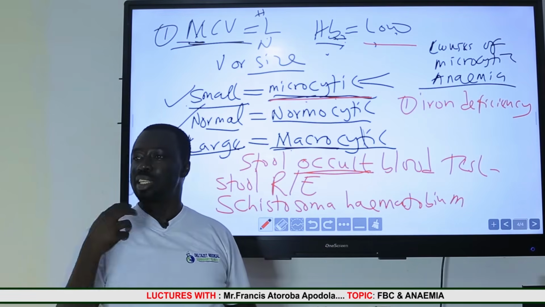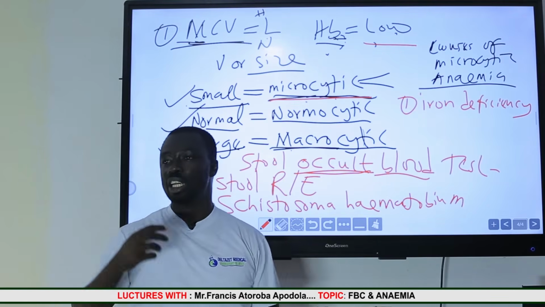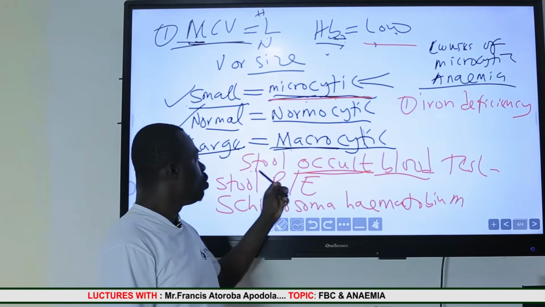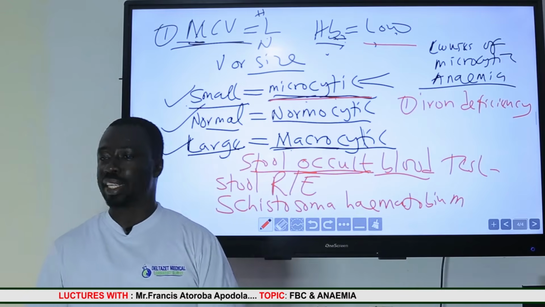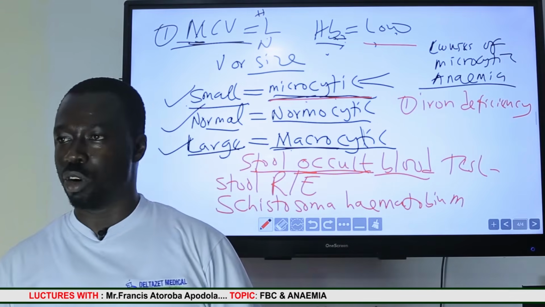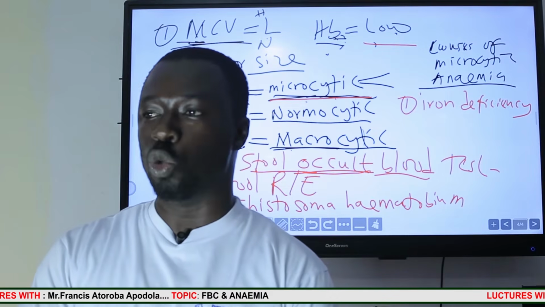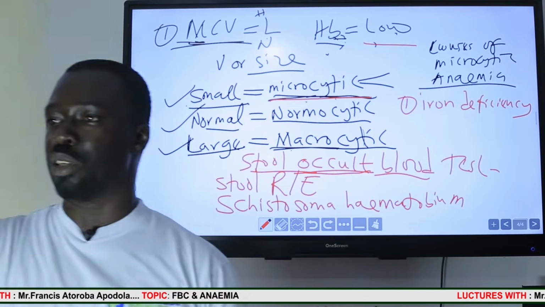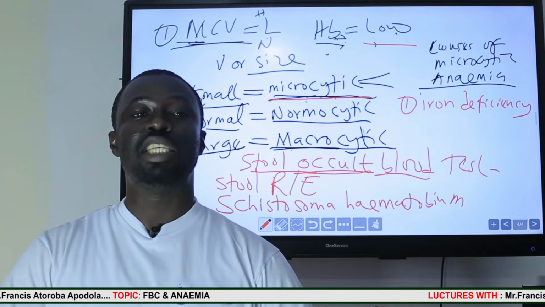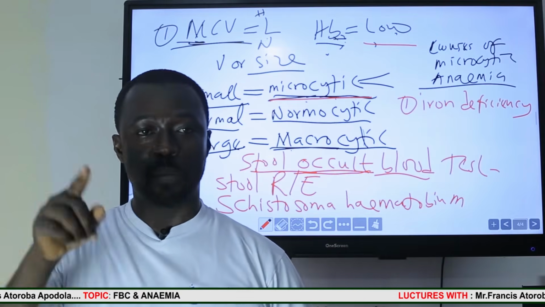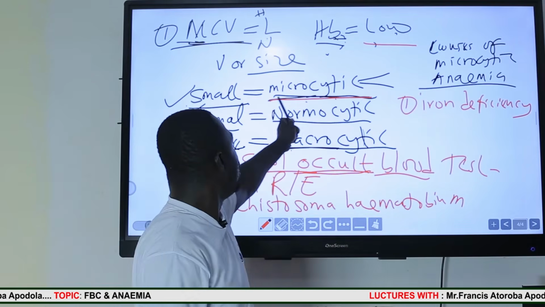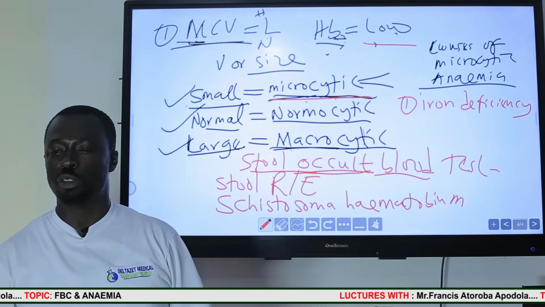And something that is hidden, you cannot see it with your naked eye. So we do a stool occult blood test. We use some tablets, we call them the Guaiac tablets. Then you mix that one with the stool. If it comes out positive, it means that the patient is bleeding through the GIT. And possibly it will be the reason for the iron deficiency.